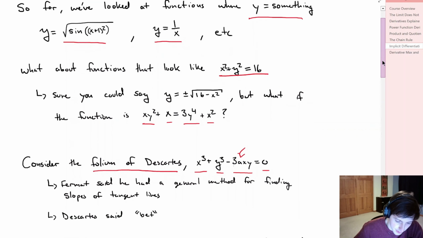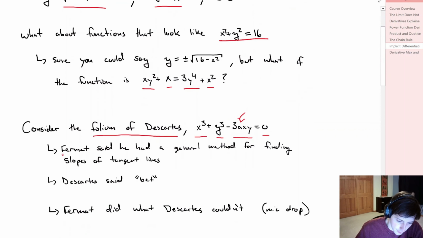And from our little history lesson, we had Fermat, who said that he had a general method for finding slopes of tangent lines. Descartes said bet. And then ultimately Fermat did what Descartes couldn't, so he was able to differentiate this function and find that slope of a tangent line, which led to a good old mic drop, and now we have implicit differentiation.